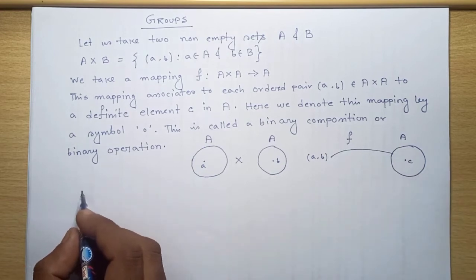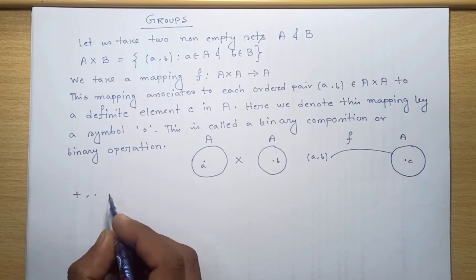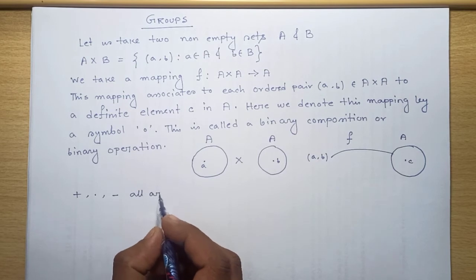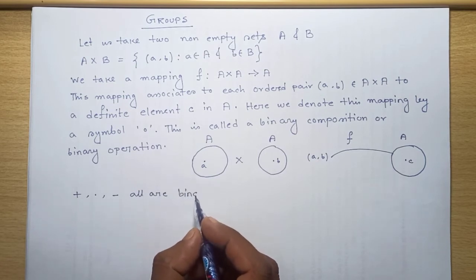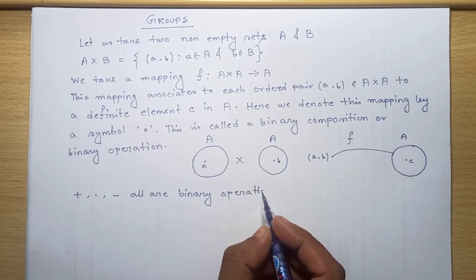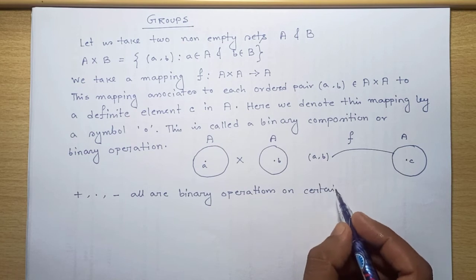The usual operations like plus, dot, minus are all binary operations on certain sets.